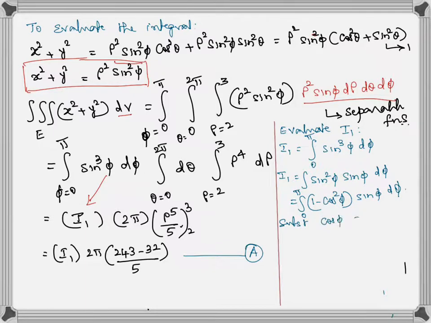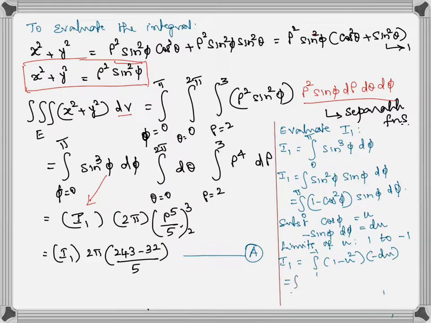Substituting cosine phi equal to u, we get negative sine phi d phi equal to du. Because we are changing the variable phi to the variable u, we have to accordingly change the limits for u. So the limits for u become 1 to negative 1. Now if we evaluate, I1 is the integral from 1 to negative 1 of 1 minus u squared, times negative du.